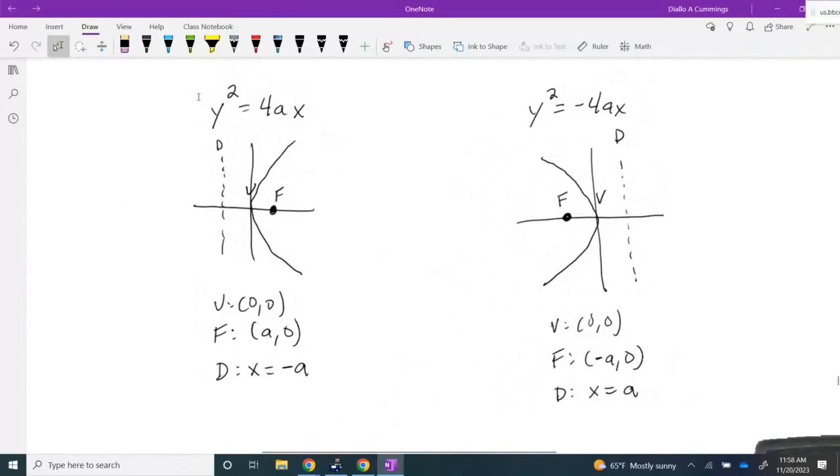Y squared is equal to 4ax. The y is squared. The coefficient for x is positive. So the formula for the focus is a comma 0, and we factored out a is 6. The directrix is x equal to negative a, so that's going to be x equal to negative 6.